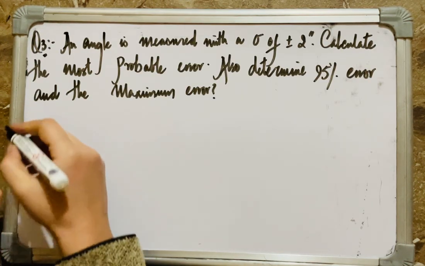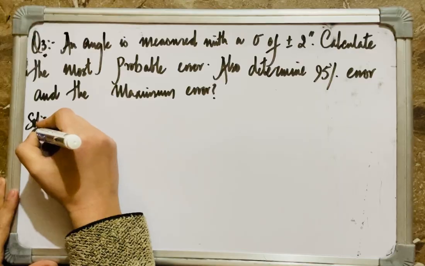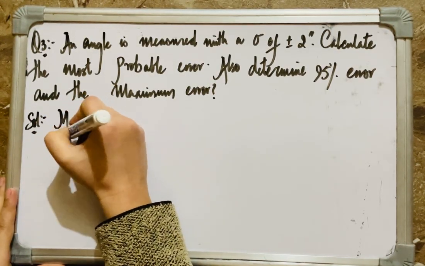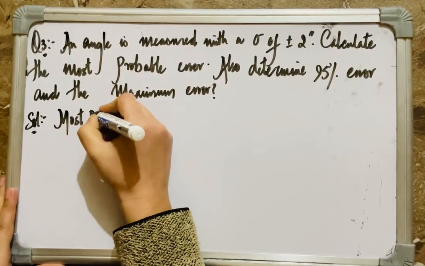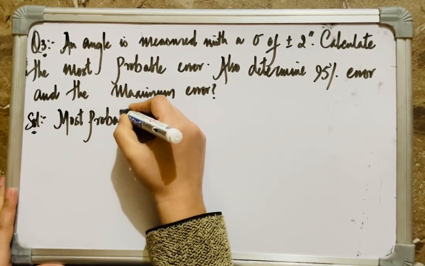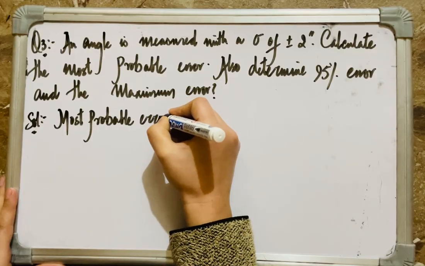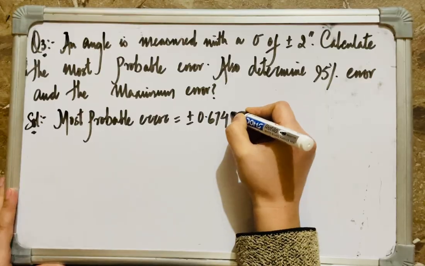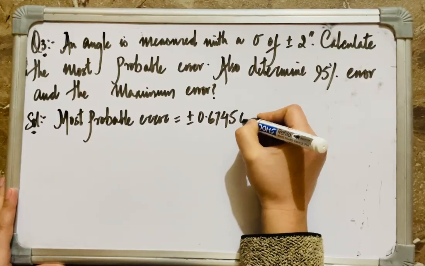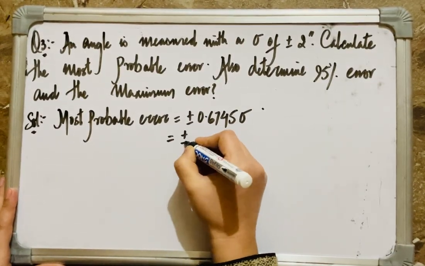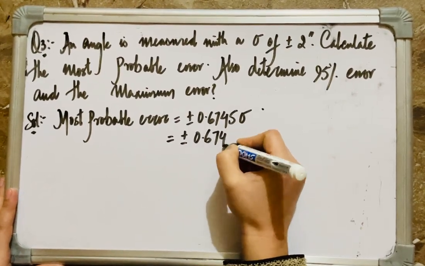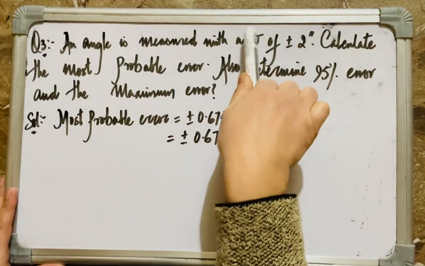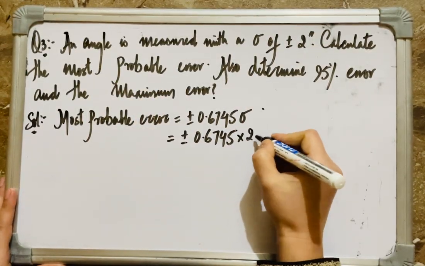We know that our most probable error is given by how much? Plus minus 0.6745 times standard deviation. So it is plus minus 0.6745 times the standard deviation, which is given in the question: the angle is measured with a standard deviation of plus minus 2 seconds.